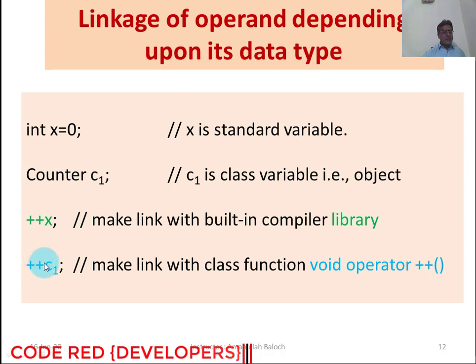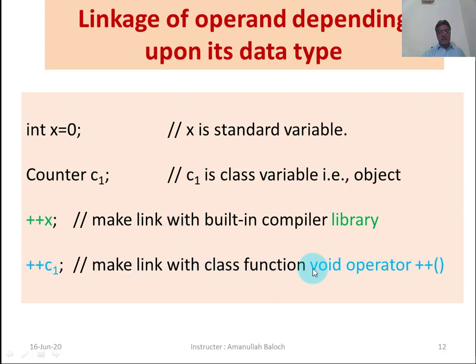But when we use plus plus C1, C1 is an object of the counter class. Here the computer will not activate the library function plus plus, but it will make a link with the class function void operator plus plus. The class contains a function with this interface.